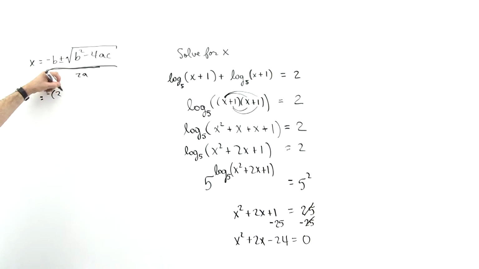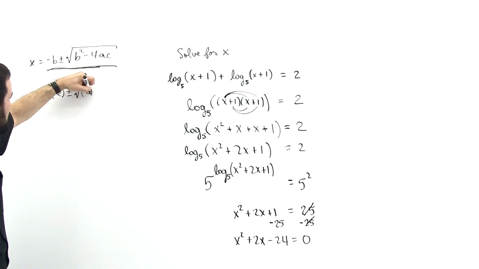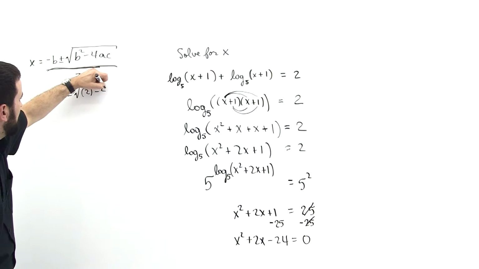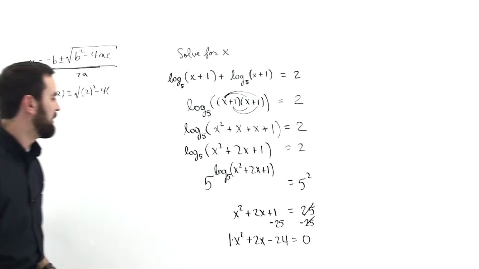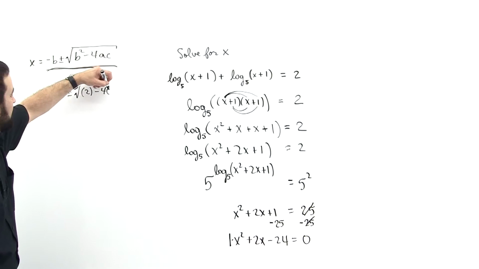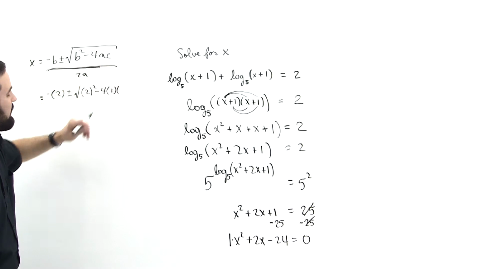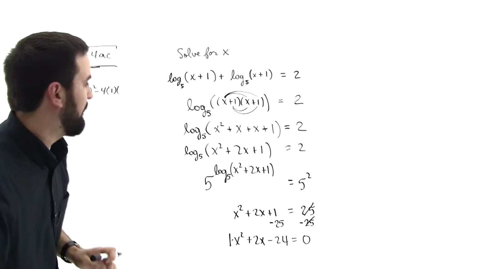So 2 plus or minus the square root of b squared, so b is 2 squared, minus 4 times a. a is 1, isn't it? Because it's understood to be a 1 in front of that x squared.